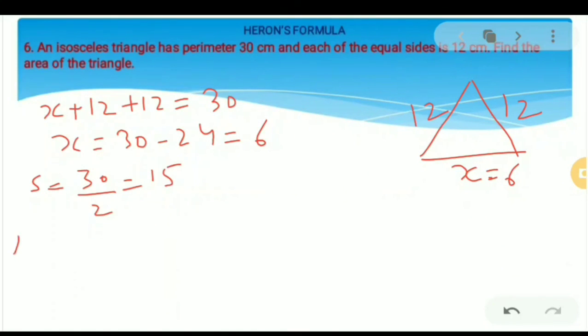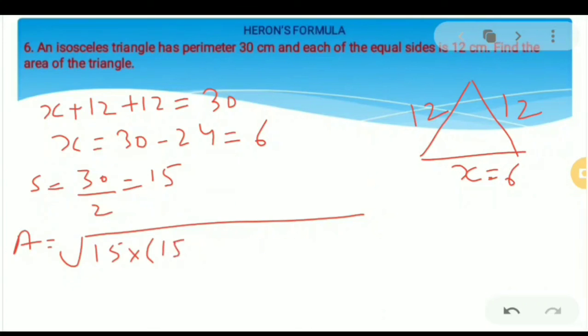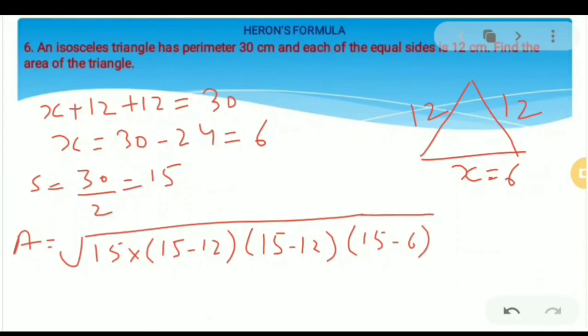Now we can apply Heron's formula. S, the semi-perimeter, is 15. S minus A, let me take the first side to be 12, 15 minus 12; S minus B, let me take the second side also to be 12; and S minus C, let me take the third side to be 6. We have done this.